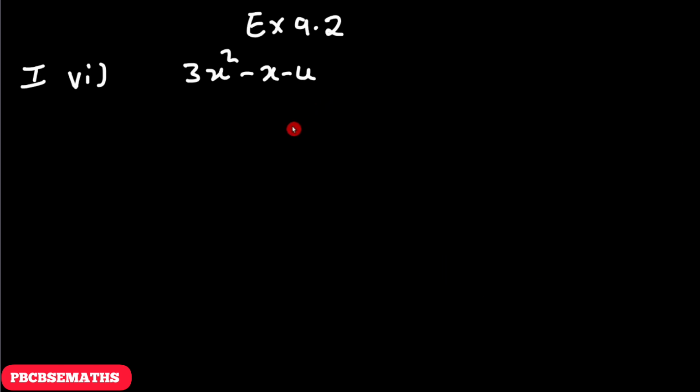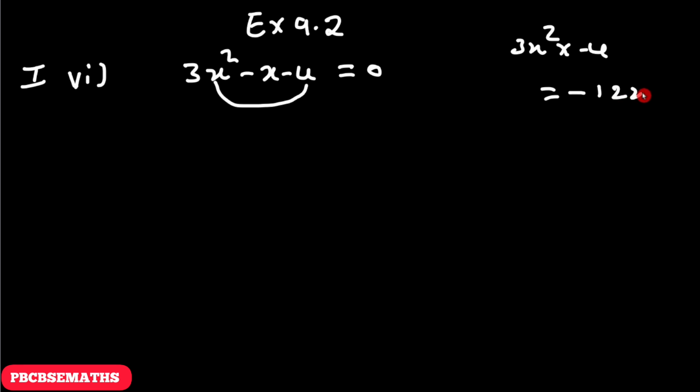In the sixth question, we have a quadratic polynomial 3x square minus x minus 4 equals to 0. Let's find out its zeros. For that, multiply this 3x square by this minus 4. 3x square into minus 4 gives us minus 12x square.